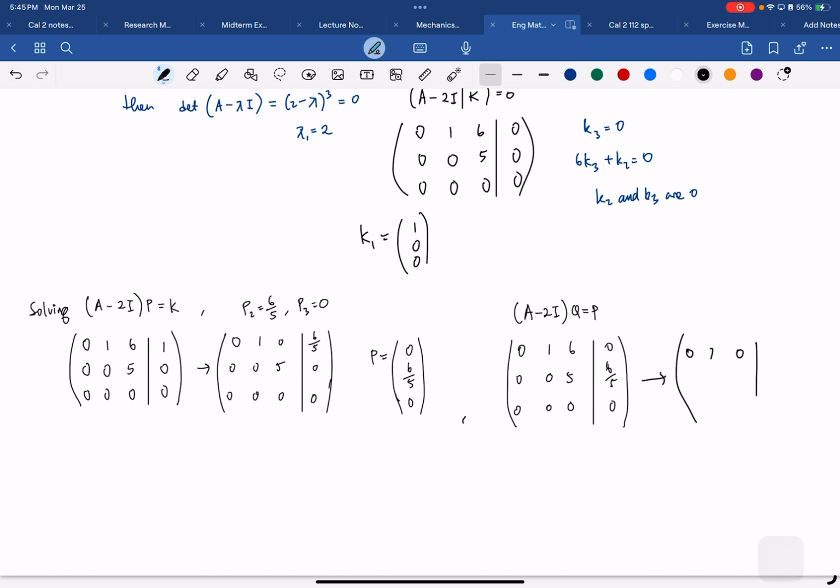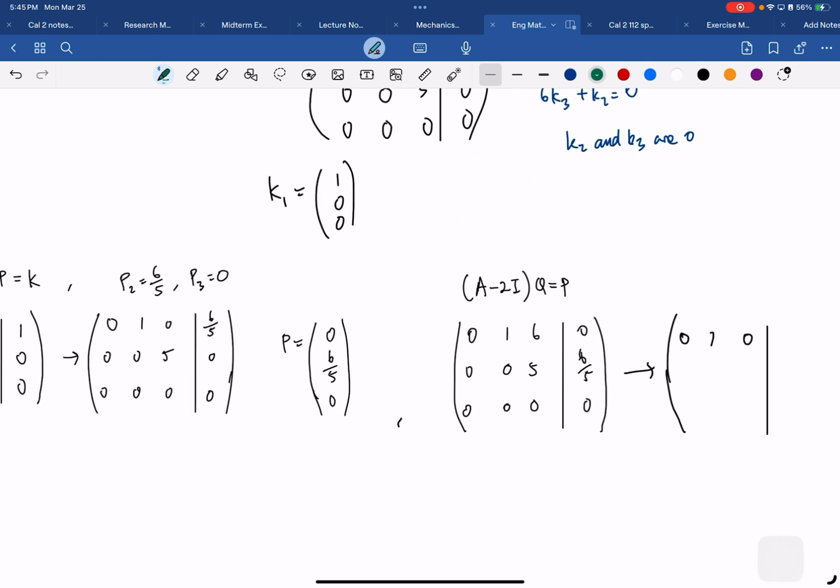Now this will be 6 over 5, minus subtraction, 0.